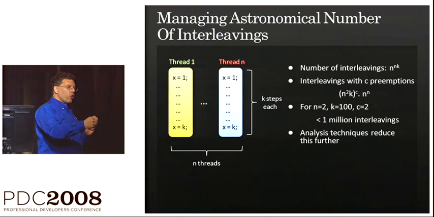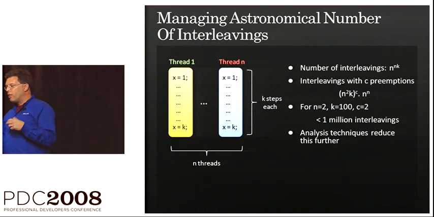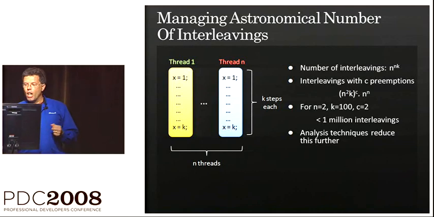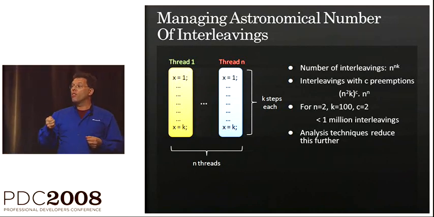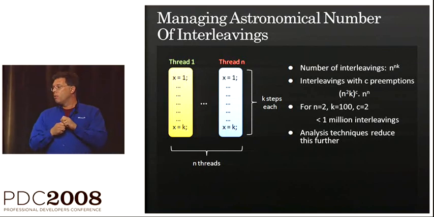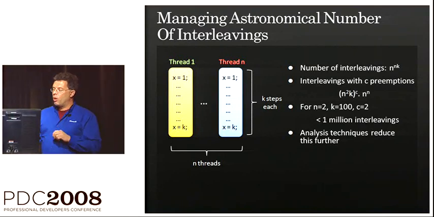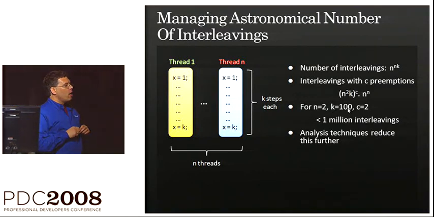So let's introduce, as we usually do when we're confronted with these large numbers, n to the nk, a new parameter, c, which is a budget. It's the number of preemptions CHESS gets to use for each test run. And c is going to be small. So let's go back to that example where we had 2 threads and 100 steps.